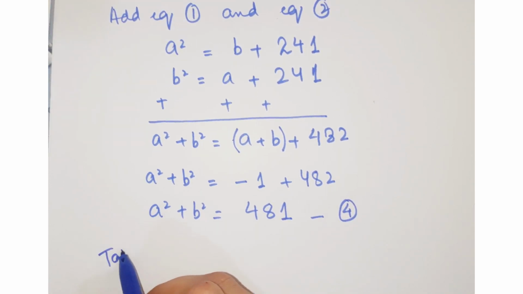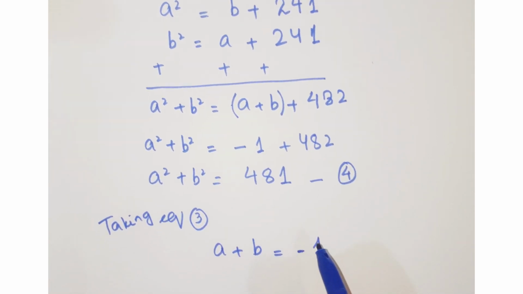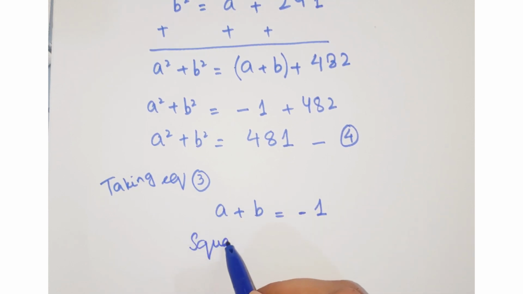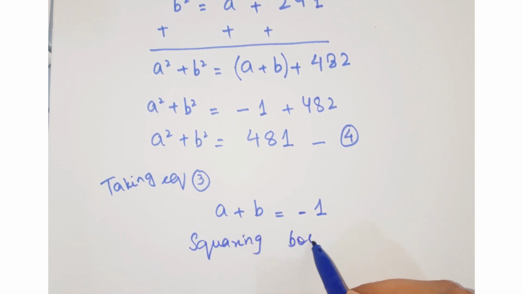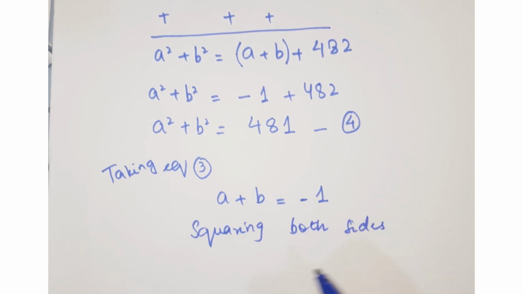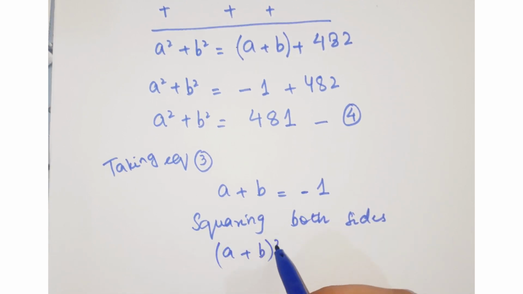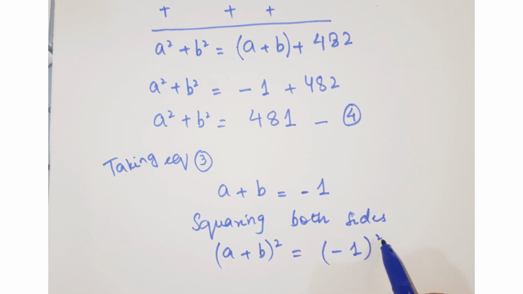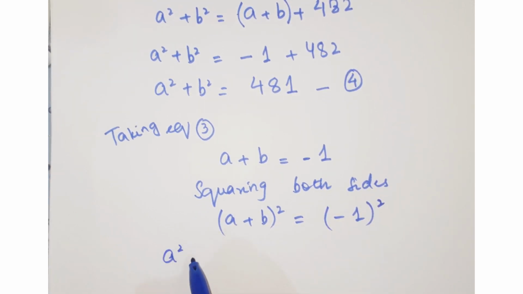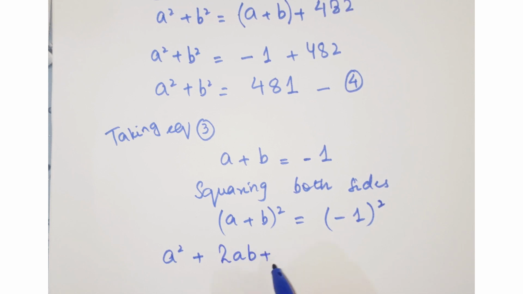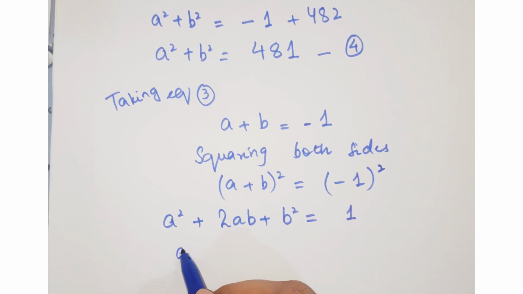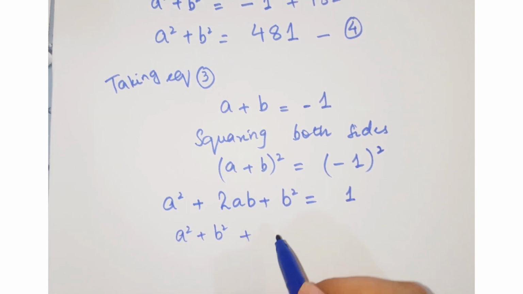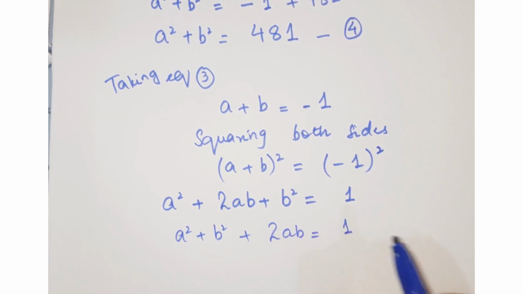Now working on equation number 3. Equation number 3 says that a plus b is equal to minus 1, and if you apply squaring on both sides, you will get a plus b whole square is equal to minus 1 square. Here you have a square plus 2ab plus b square is equal to 1, or you can say a square plus b square plus 2ab is equal to 1.